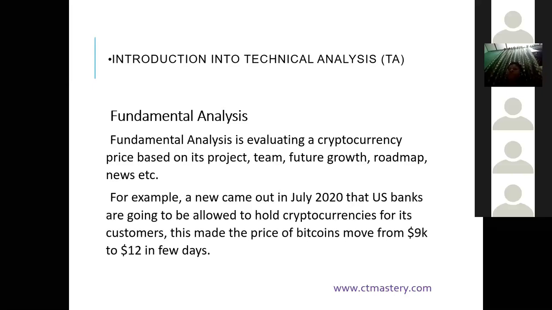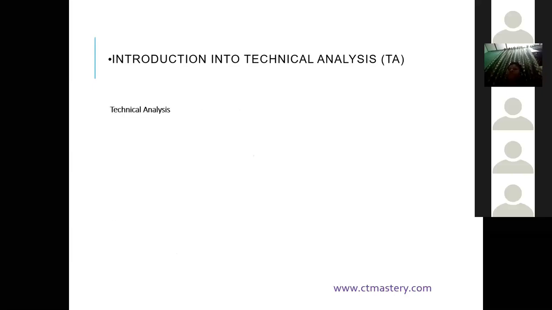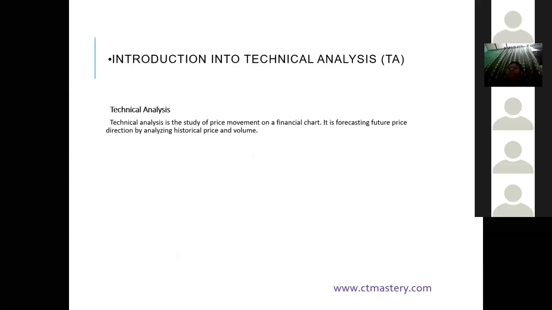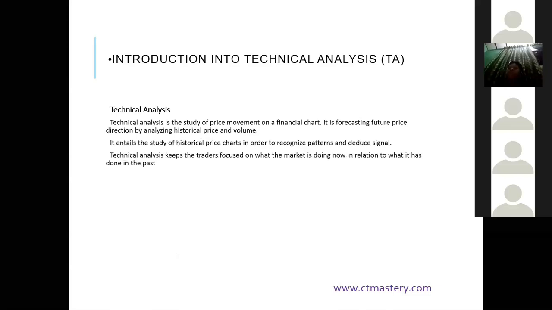And technical analysis, on the other hand, is the study of the price movements on a financial chart. It is forecasting the future price direction by analyzing historical price movements.